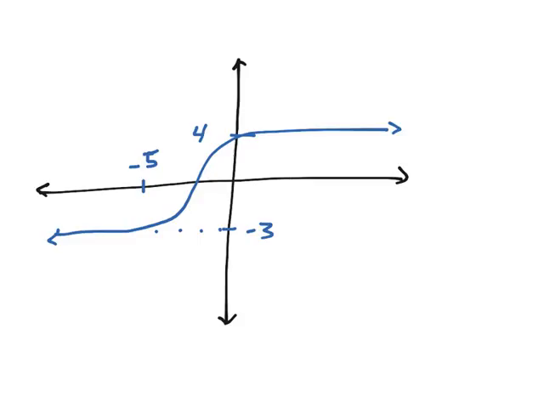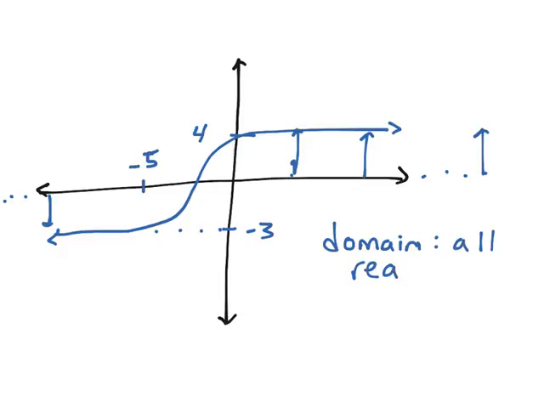It appears that every x value on the x-axis will have a corresponding y value, on towards infinity in this direction, and in this direction. So the domain is all real numbers.